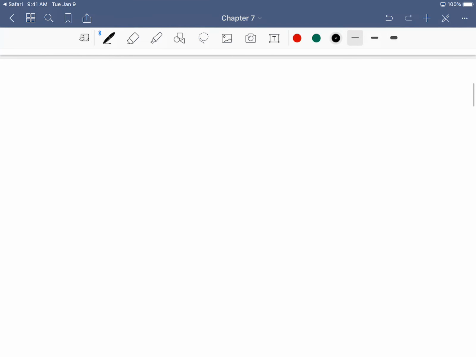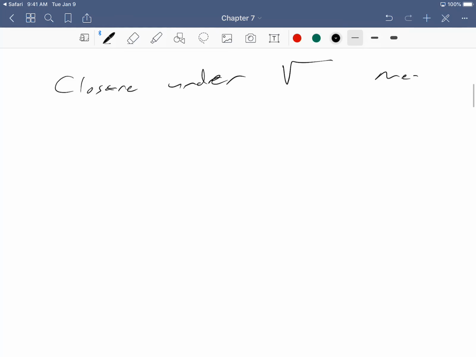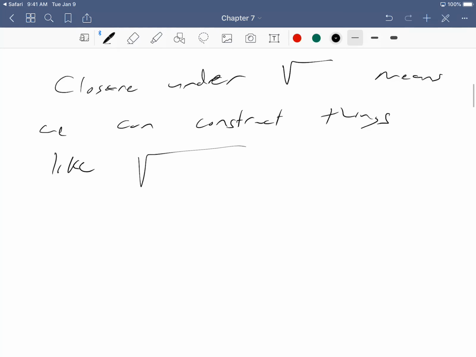Let's think through one quick example of the kinds of things we can do. Closure under square root, the fact that if I knew how to construct a length A, I could make square root of A, means we can construct things like maybe square root of 1 plus square root of 3 minus root 5, some complicated thing like this.